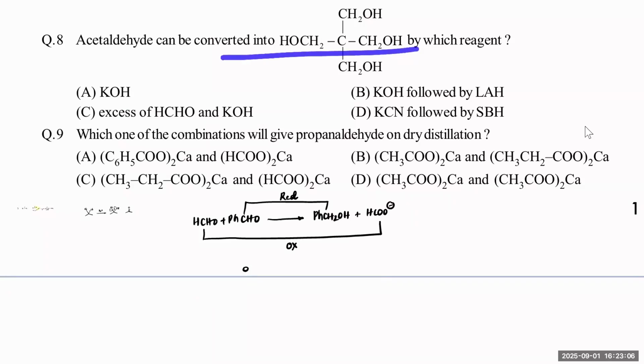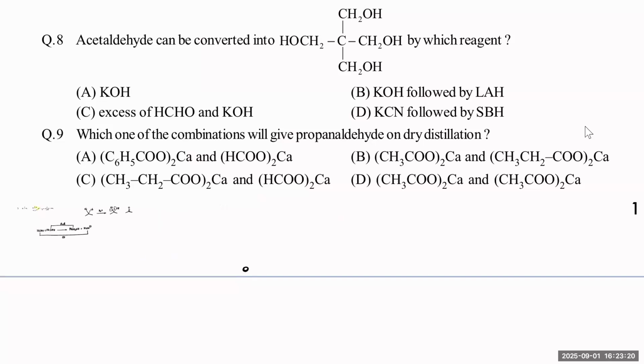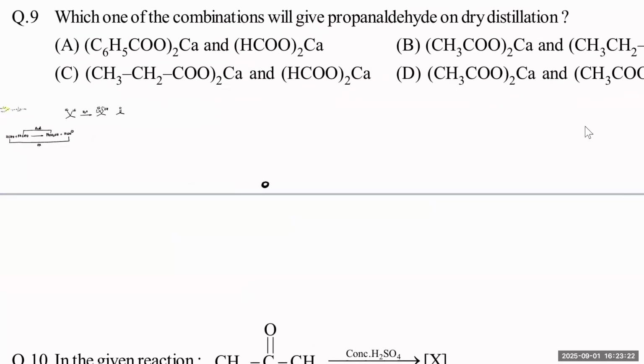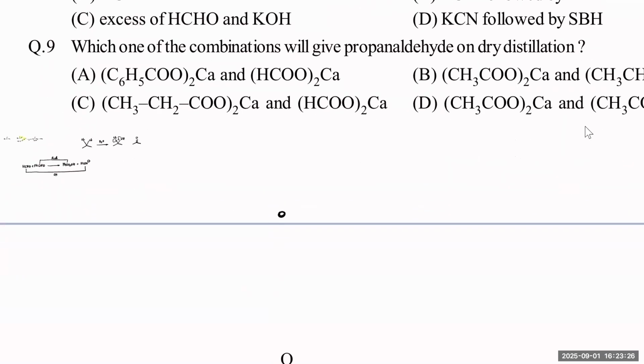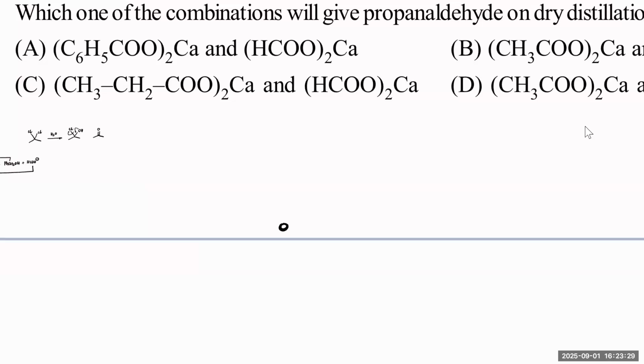Acetaldehyde can be converted into this form by which reagent? This is one thing we discussed. This reaction is called Tollens reaction. Let me show you how that happens. If I take acetaldehyde, CH3CHO, and react with HCHO, this is the first mole.